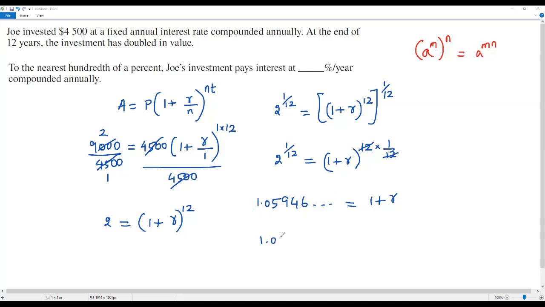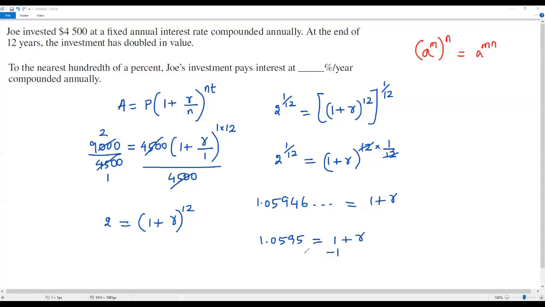We get 1.0595, because the digit in the 5th decimal place is 6, and whenever this value is 5 or greater, when we round to 4 decimal places we add 1 to the last digit. So we get 1 + R on the right side.